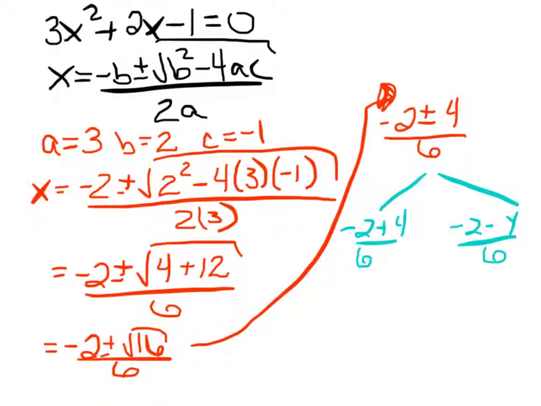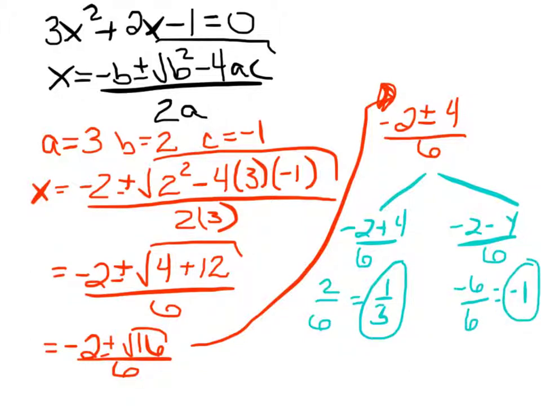So -2 plus 4 is going to give me 2 over 6, which reduces to 1/3. -2 minus 4 is going to give me -6 over 6, which reduces to -1. So again, when looking at my original quadratic equation up here, I do see I get my two solutions of x equals 1/3, x equals -1, which again are going to be my x-intercepts.